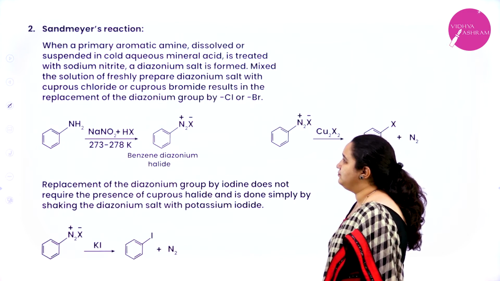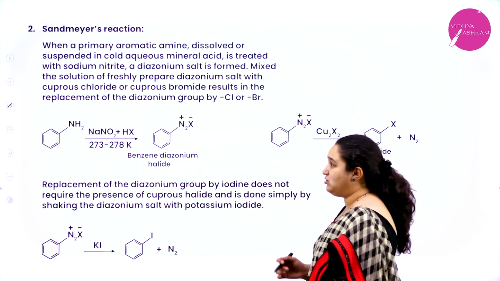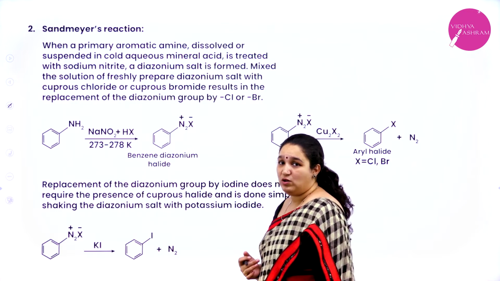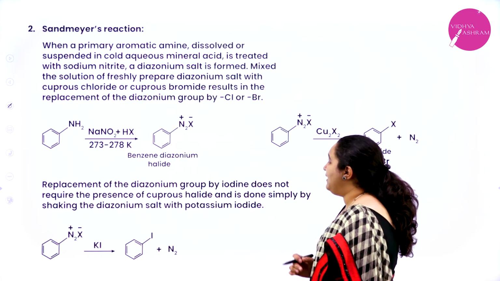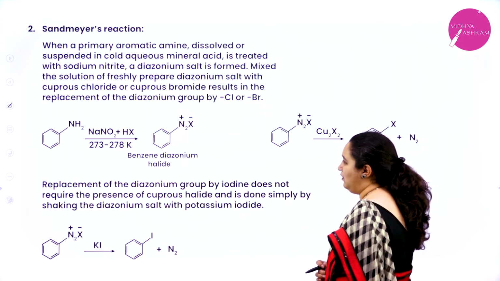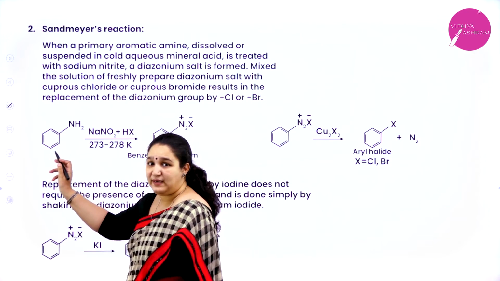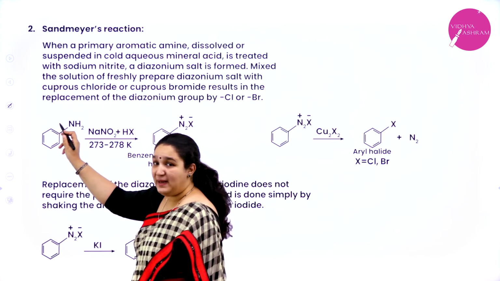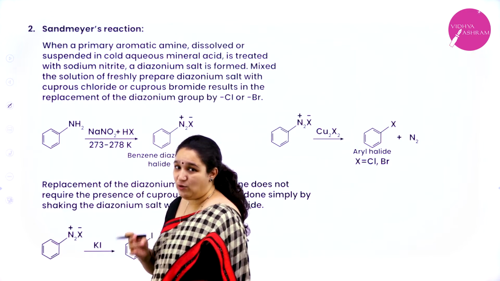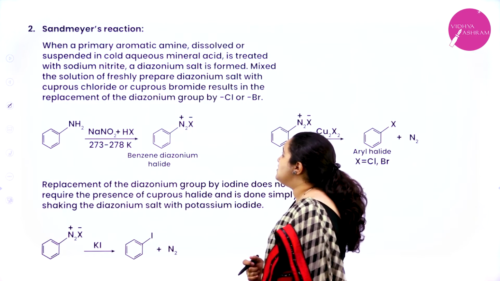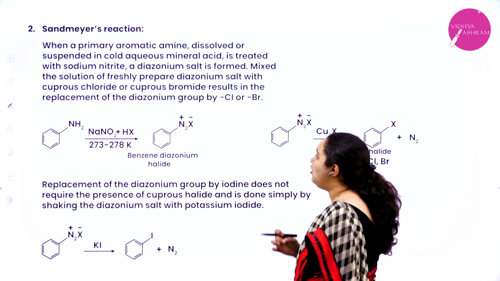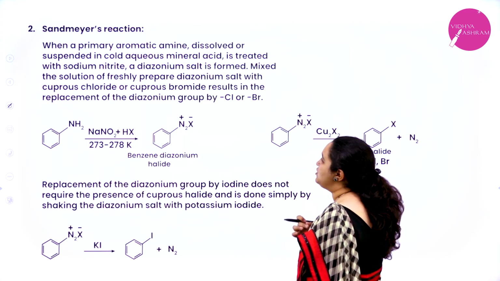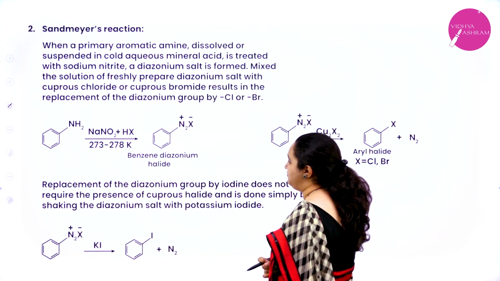Next one is Sandmeyer's reaction. This is important. Again, you will be studying this in the amines chapter also. So, when a primary aromatic amine, okay, this is a primary aromatic amine, that is, the NH2 group is the amine group which is attached to the benzene ring, that is why primary aromatic amine, dissolved or suspended in cold aqueous mineral acid is treated with sodium nitrite, a diazonium salt is formed.